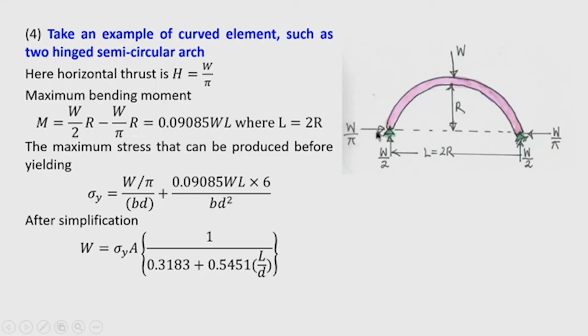H is the unknown reaction here, because of symmetry we immediately got the vertical reaction as W by 2.